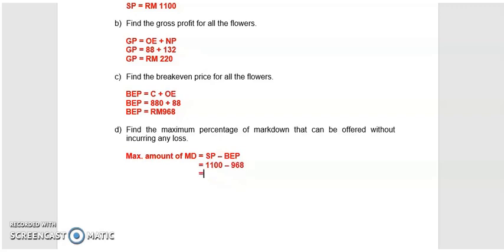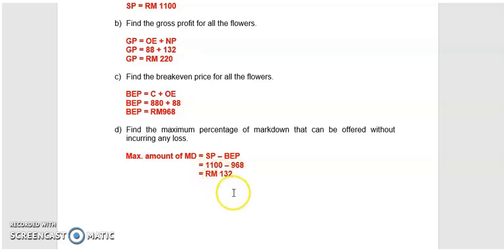So make sure when you calculate, for example, this type of question, if you use value for one unit, make sure you standardize it. Make sure you use value for one unit. If you use value for total all, then make sure you use for all. Okay, means that if this one is for all unit, BEP also must be using for all unit. Okay. So here maximum amount of markdown that we can give is 132 ringgit.